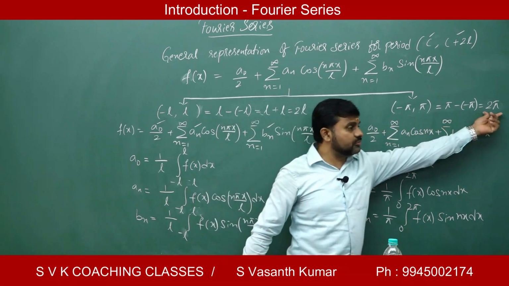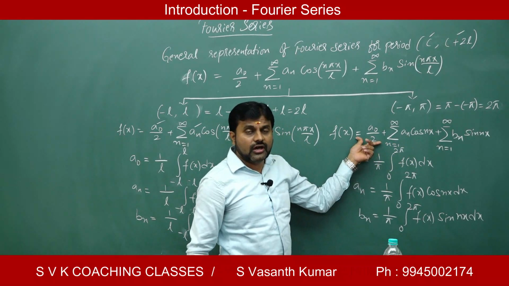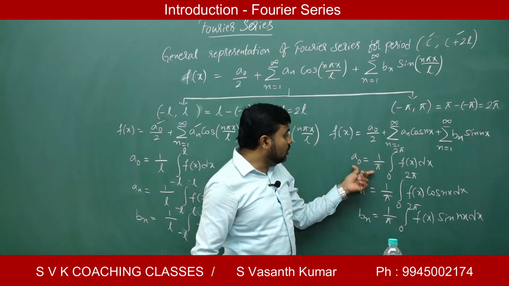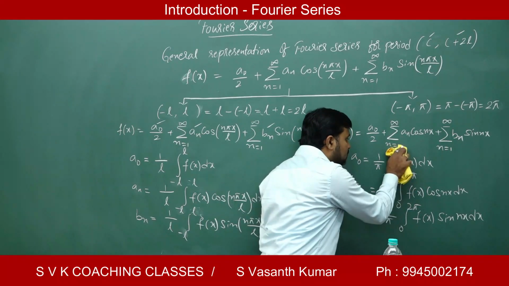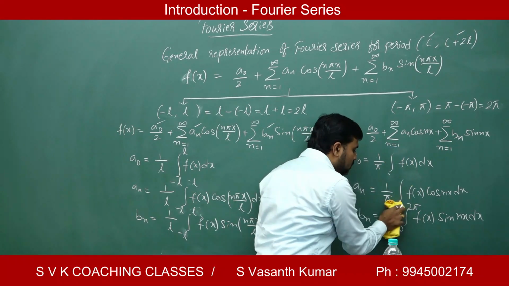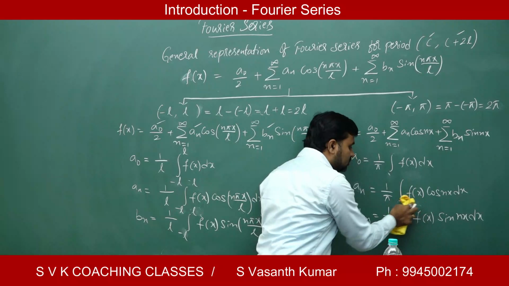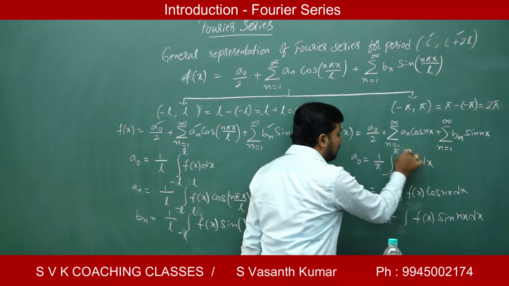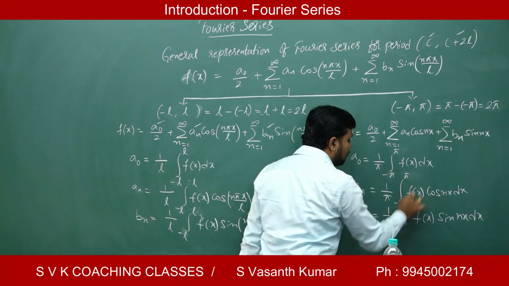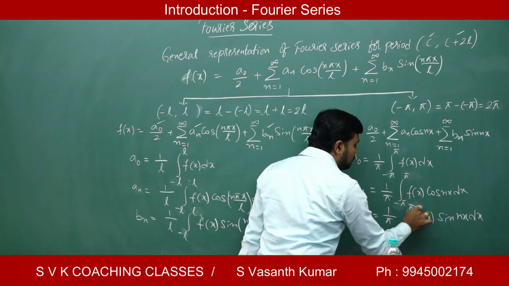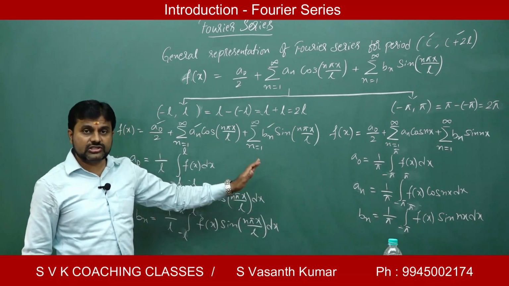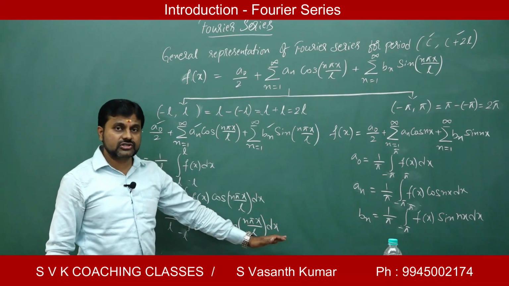The period has not changed, so the Fourier series expansion remains the same. Only the interval changes, so change the limits to minus pi to pi. Now I think it is easy to understand and easy to remember all the formulas.